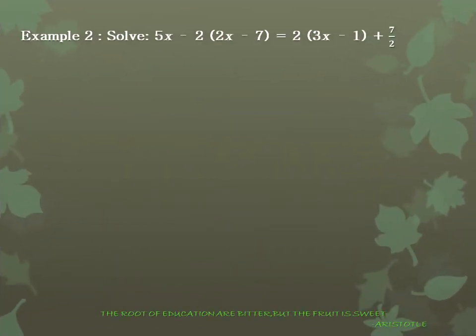Second example, solve 5x - 2(2x - 7) = 2(3x - 1) + 7/2. First, let us open the brackets of the LHS and RHS.